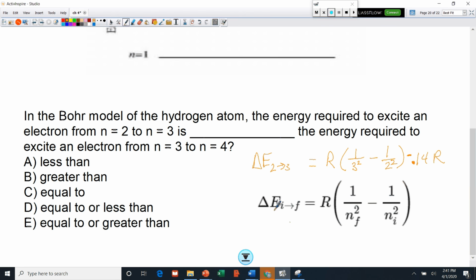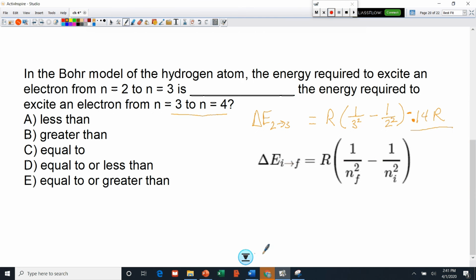Now I want to compare this number to what I get for this one, so I'm going to give myself a little more room. Delta E from 3 to 4 equals R times 1 over 4 squared minus 1 over 3 squared.